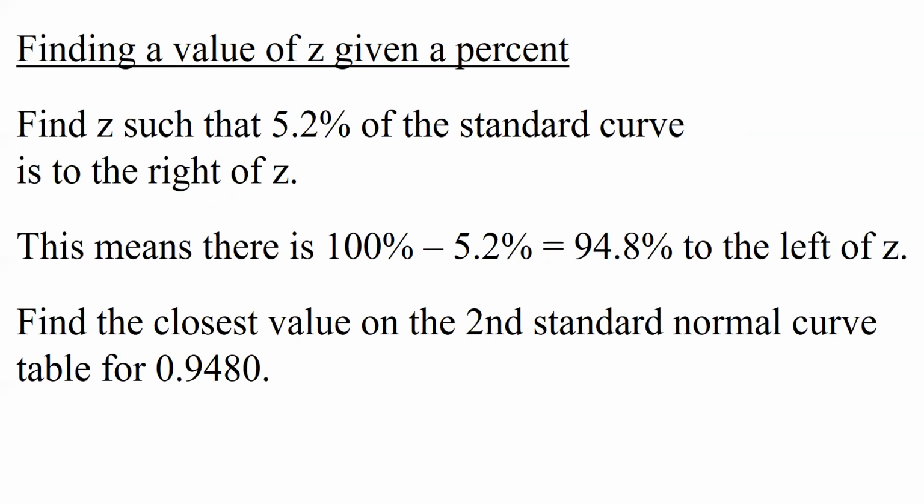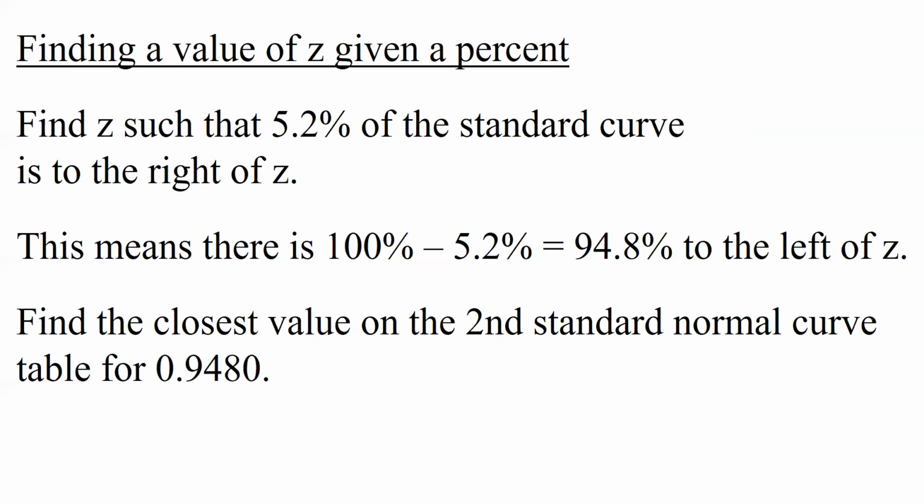I don't have my tables with me, but here I can look at this. All right, so 0.9480, we look at that table, and you're looking in the middle area for that percent. I got a 0.9482 at 1.74.